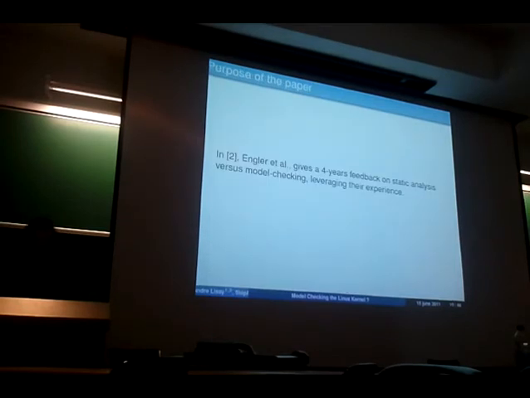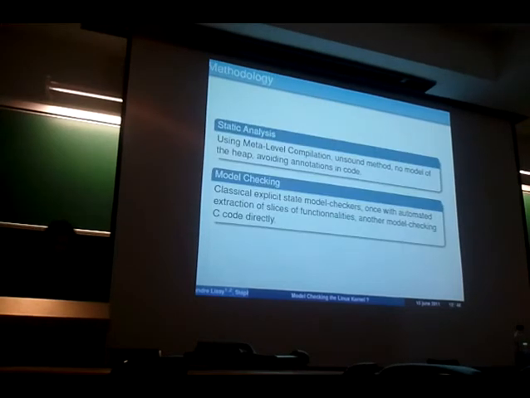In another paper they did in 2004, the same people gave their feedback on static analysis versus model checking. They had spent several years working on the tool. I'm not sure whether the company was founded at the time, but they had enough feedback to give advice, and they gave it.